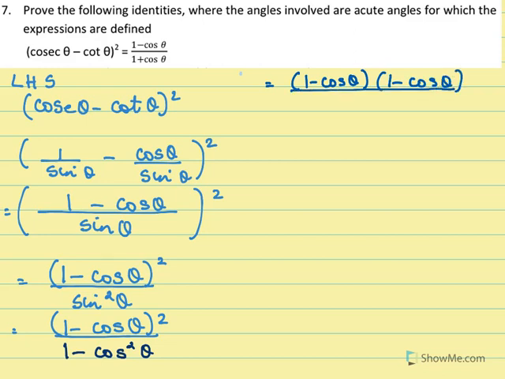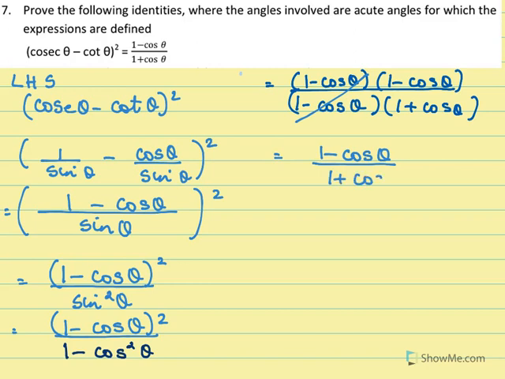And in the denominator is 1 minus cos square, a square minus b square, (a minus b) and (a plus b). Now here I will cancel these two. So you will get (1 minus cos theta) over (1 plus cos theta). So we have proved left hand side equal to right hand side.